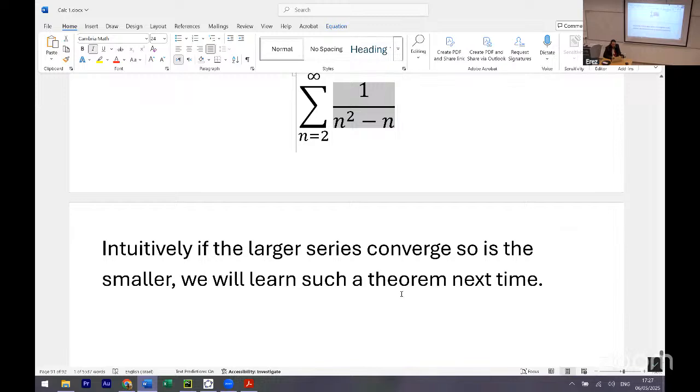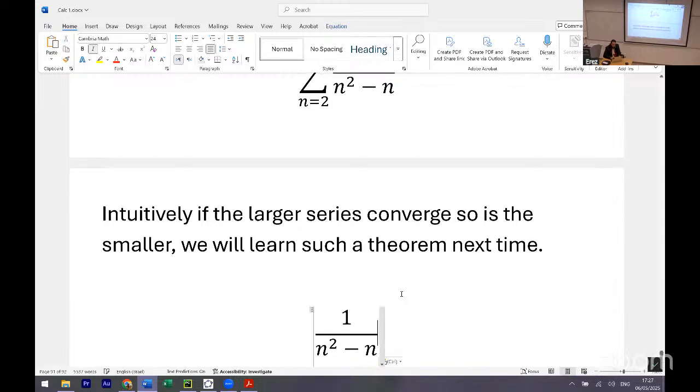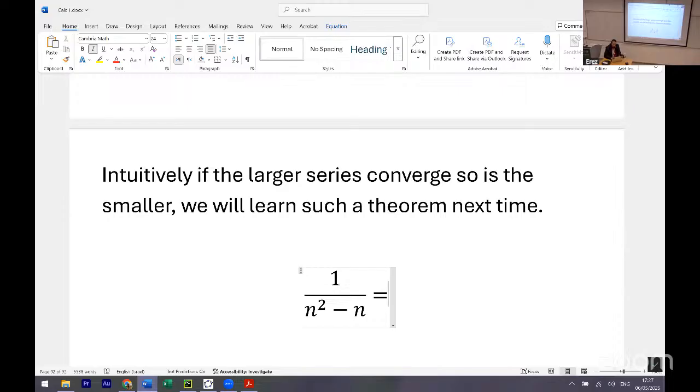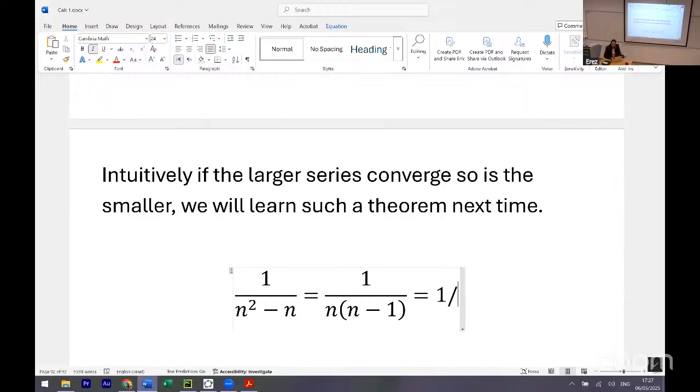What is 1 over n squared minus n? It equals 1 over n times n minus 1, which is easily seen to be 1 over n minus 1 minus 1 over n.